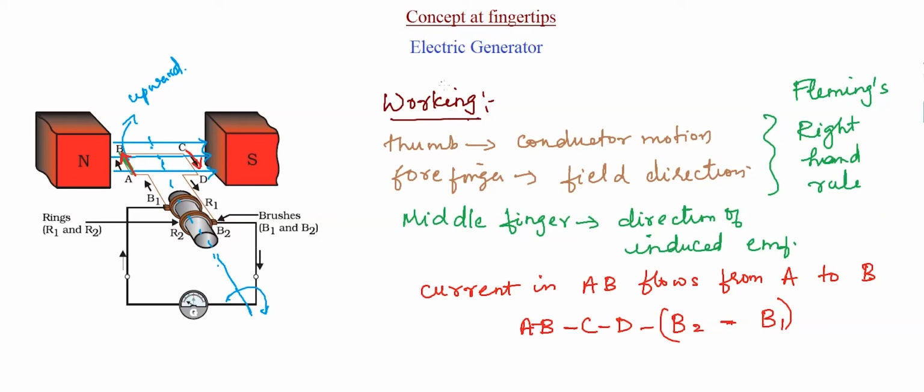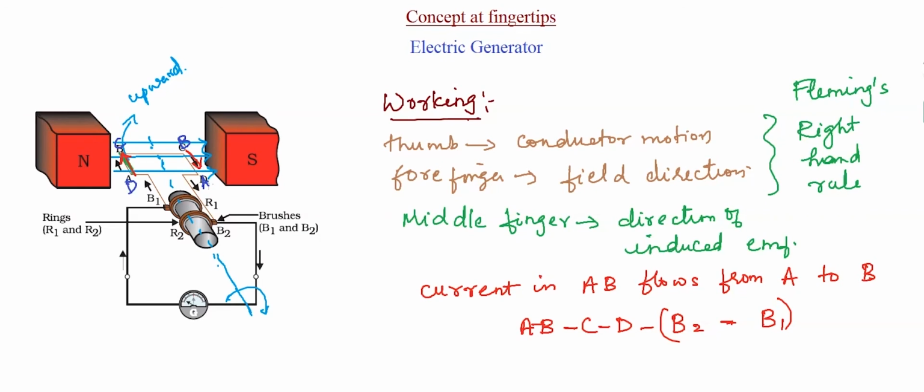Now what will happen after half a rotation? After half a rotation, the conductor AB will come to this side, and this will be the conductor CD.